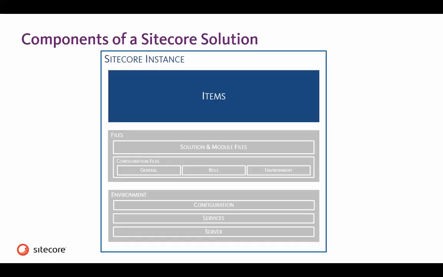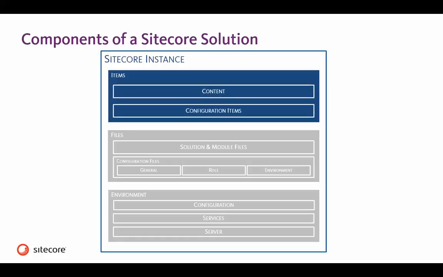On top of this, we have the items, and we need to split the items into two. One is content items, and another is configuration items. By items I mean the data in the Sitecore database, so Sitecore items. So configuration items is templates, layouts, settings that apply generally to the solution.